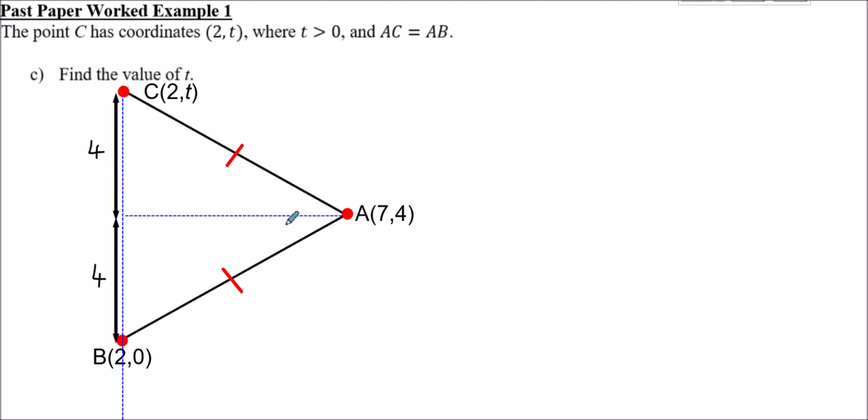Because again, this is the line of symmetry on this isosceles triangle. And so C from B, we're adding 4 plus 4, we're adding 8 in total in the y direction. And so that tells us that t must be this 4 plus that 4. In other words, t has to be 8.